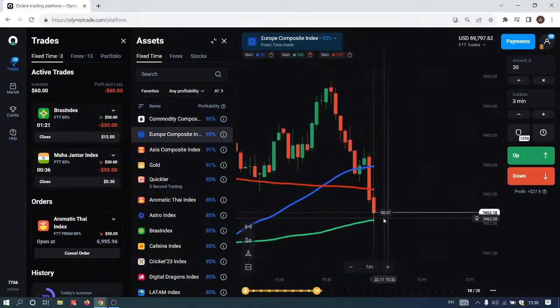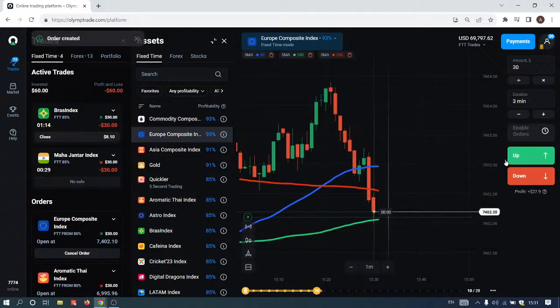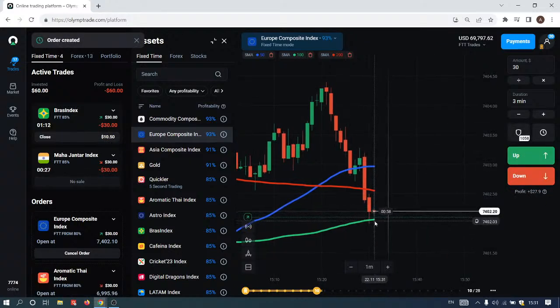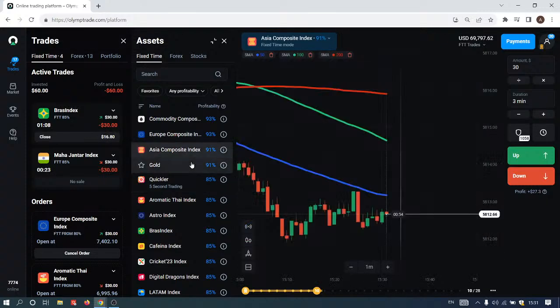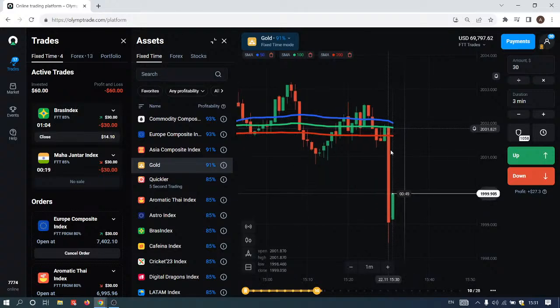All right, and Europe Composite Index. That's going to be my next signal. Nice. Ooh, gold.